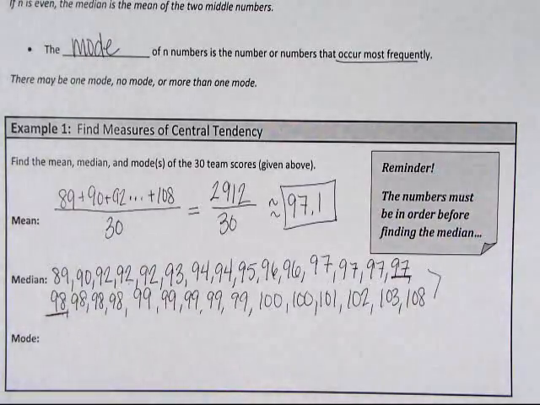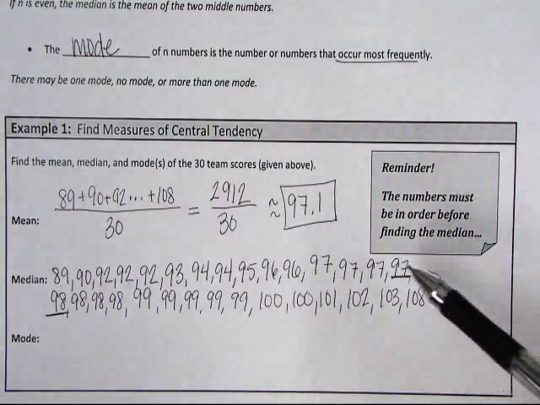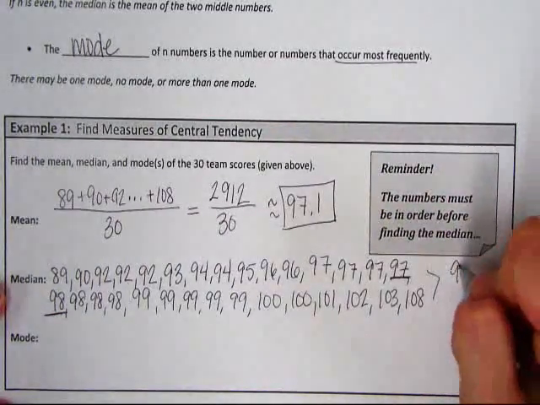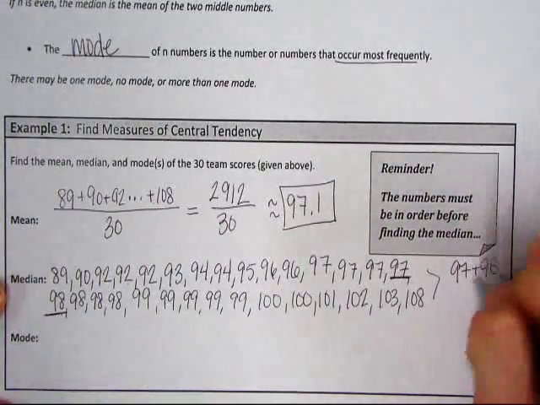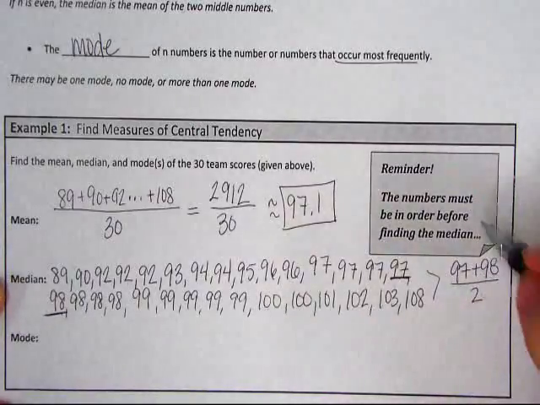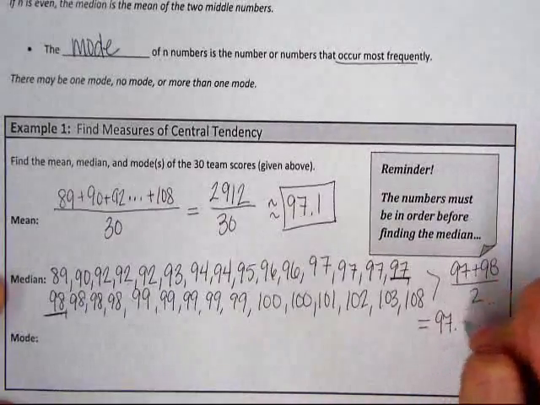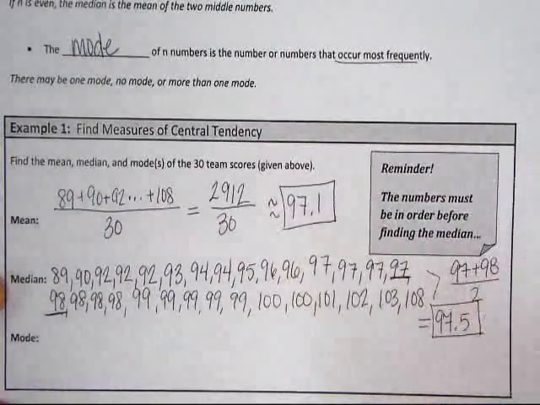Because I have 30 data values, it's an even number, so I'm going to have to average these two middle numbers, because I have no distinct middle in this data. So if I take 97 and 98, add those two together and divide by 2, I'm going to get a median of 97.5 for my median.